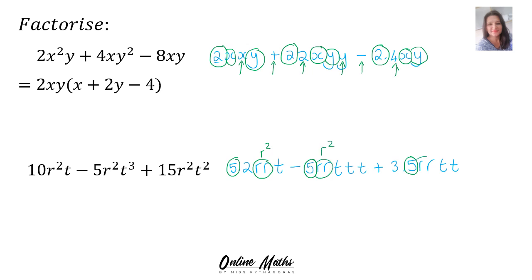And on the last term, there's also r squared. So I like that. And then in terms of t, well, you only have one t. So you've got one t there. I'll take one of your t's and I'll take one of your t's. Therefore, the common factor will be 5r squared t.